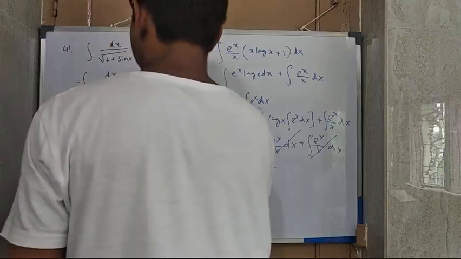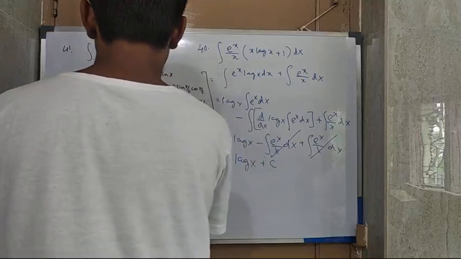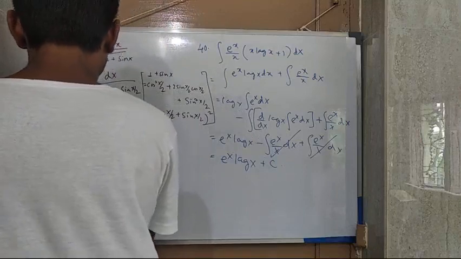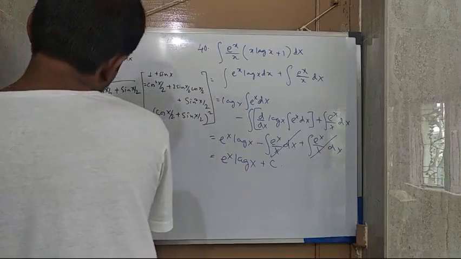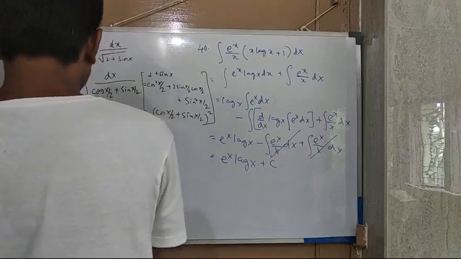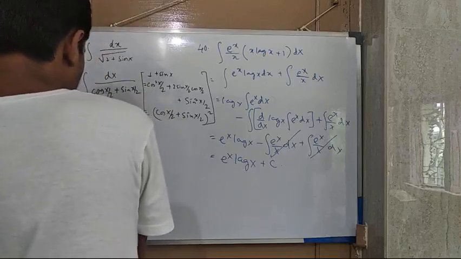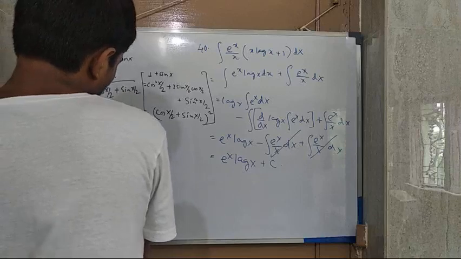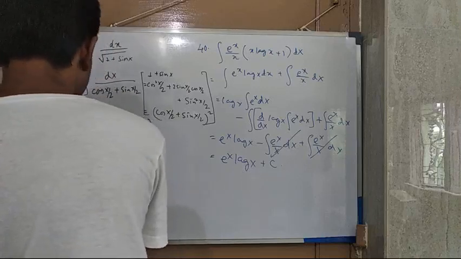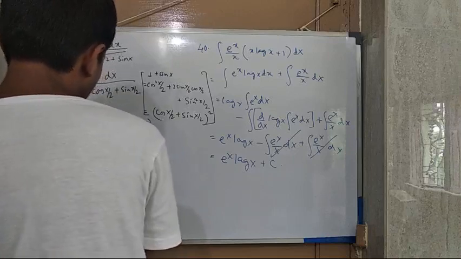Okay, so this is 1 by root 2 integral dx of, this is actually sin x by 2 plus pi by 4.